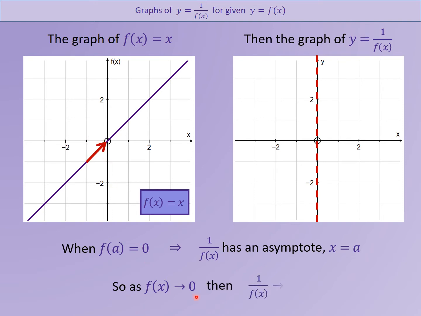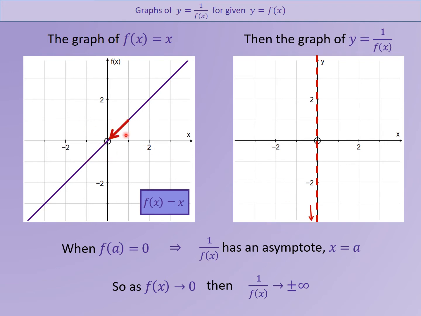But what we notice is as we're approaching 0, that 1 over f of x could be 1 over these very small numbers on this side. Because these are negative, 1 over is going to be negative, in this case negative infinity. The smaller that x value gets, the bigger 1 over that number gets. And because this is negative, this one's going to be negative.